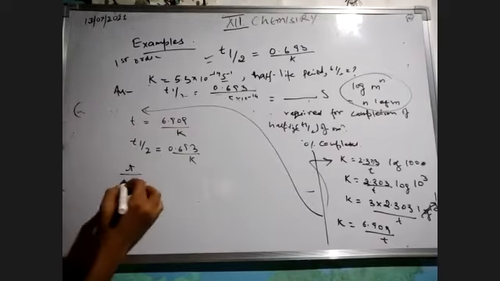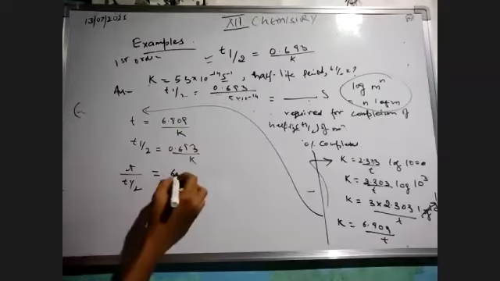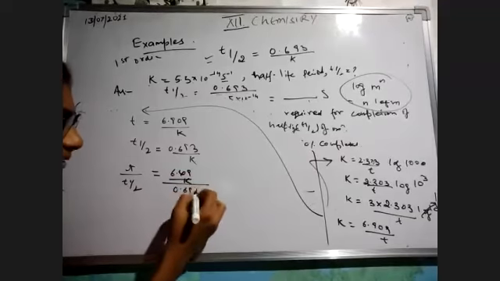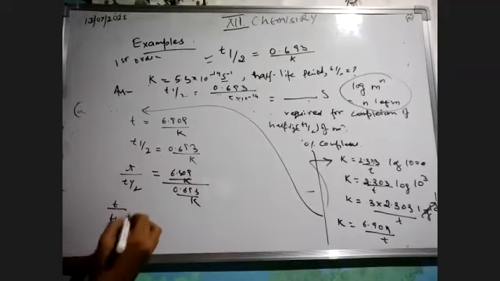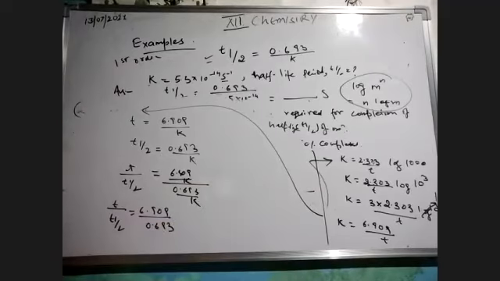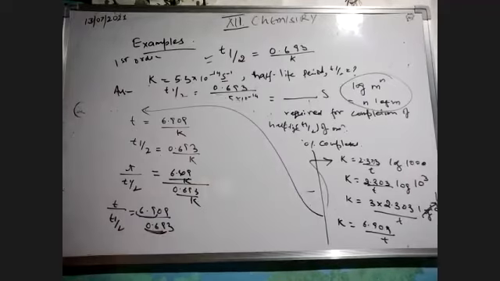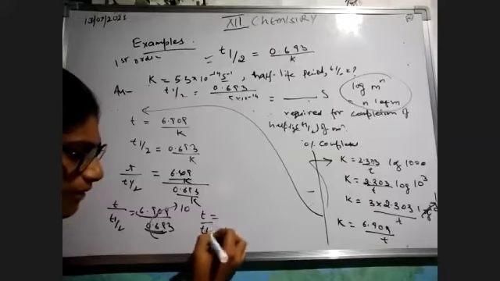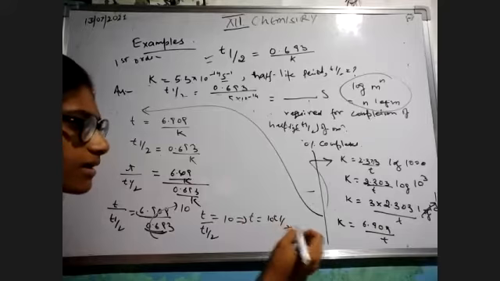I'm just dividing the two equations. t by t half equals to 6.909 k upon 0.693 upon k. The k would be cancelled out, and t upon t half equals to 6.909 upon 0.693. This seems to be almost 10, 6.9 and 0.69 almost 10. So t upon t half equals to 10. Now t equals to 10 t half.